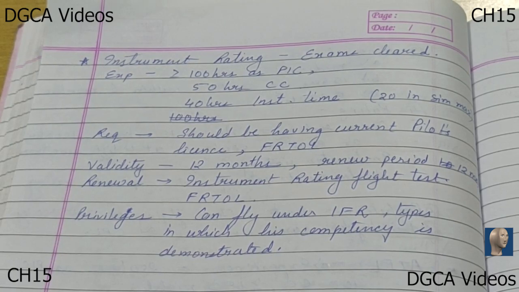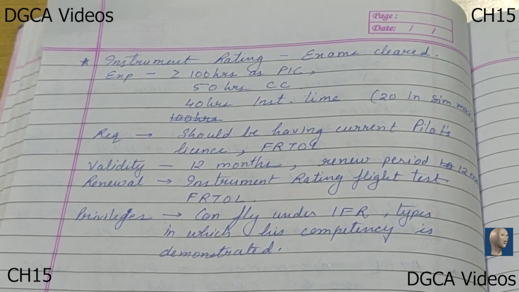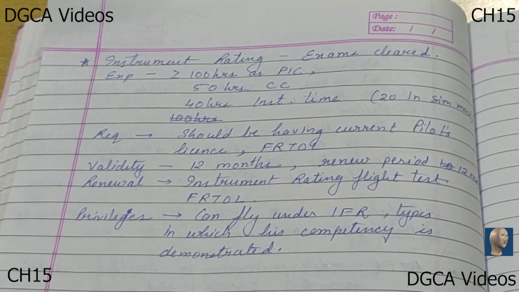Privileges are that you can fly under IFR conditions on the type of aircraft on which you have demonstrated your competency. So those flights you can fly in IFR conditions.